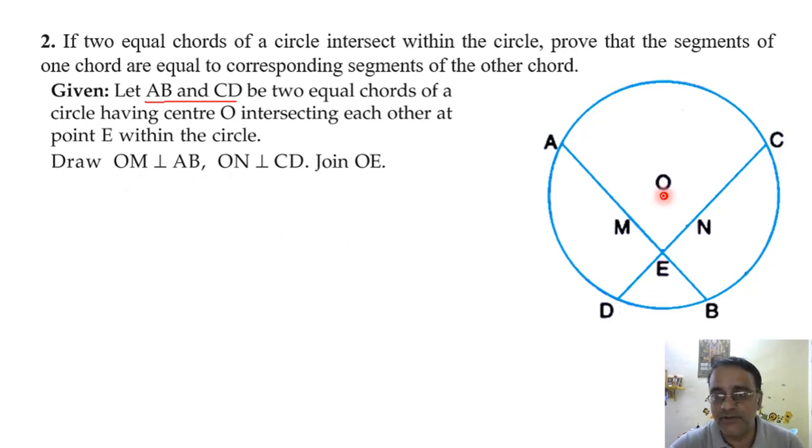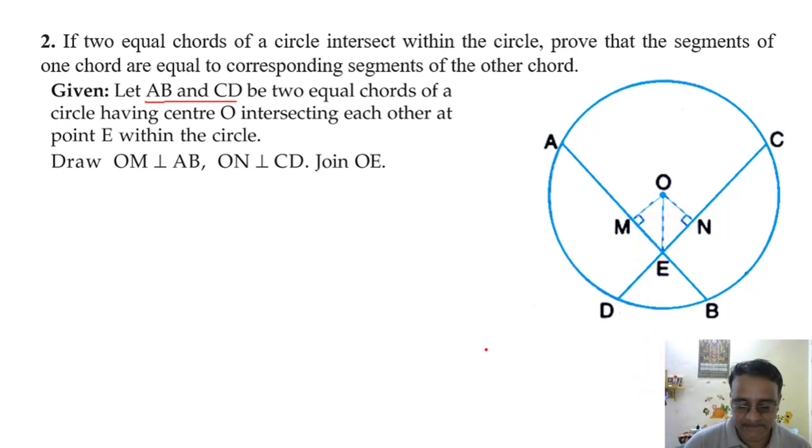So we are going to draw the perpendiculars, first OM perpendicular to AB and second ON perpendicular to CD, and then we will join the point OE, right? Whether the construction is clear to all of you? Yes, sir.